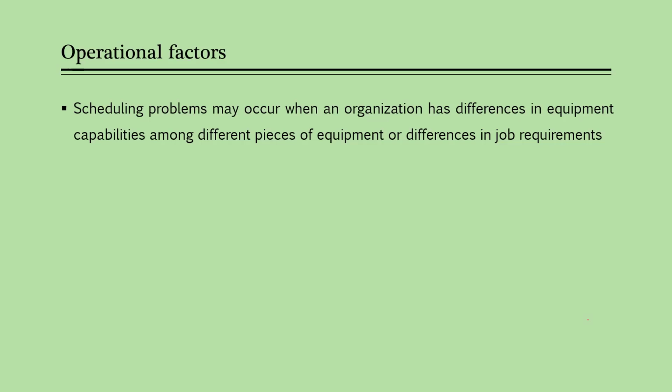And if we have assigned a particular machine specifically for a project, if the assigned machine is different from what we have required, then there may be scheduling problems. Therefore, differences in equipment capabilities, different equipment, different job requirements may cause scheduling problems.